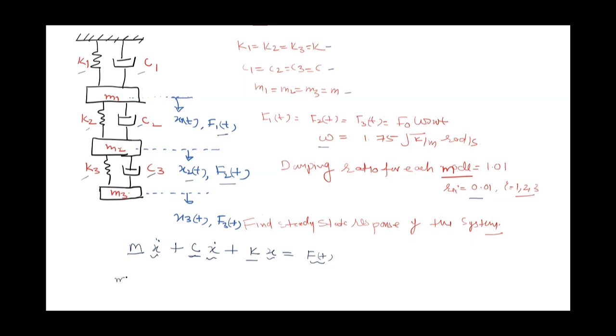So we can write M equals to [m1 0 0; 0 m2 0; 0 0 m3], and this also can be generated using the free body diagram and force equilibrium approach, but we have discussed that.